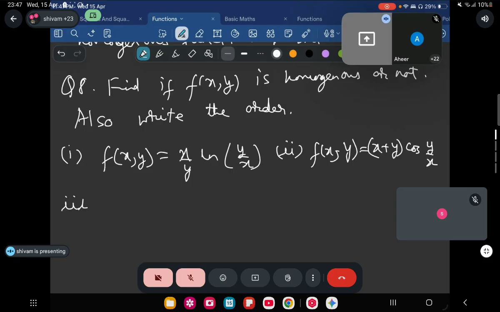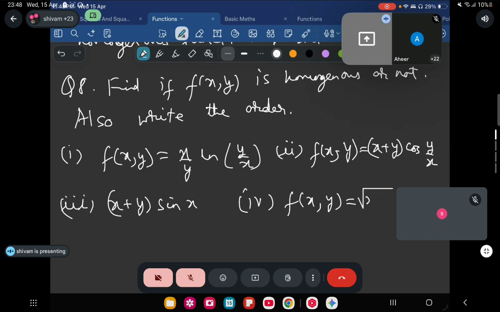Number 3, x plus y into sin x. Number 4, f of x comma y is equal to root over x square plus y square plus x. Solve. Once you have done it, keep sending your answers.